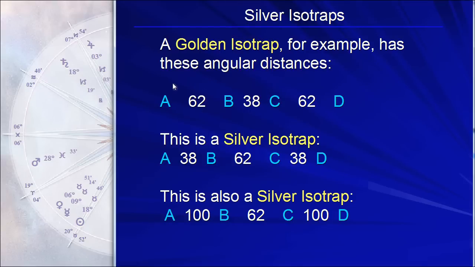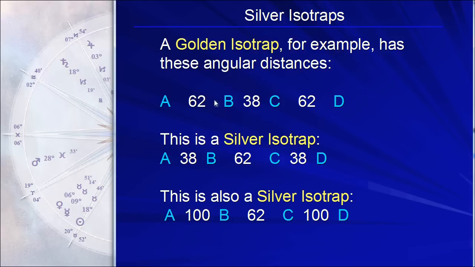So if the angle between A and C is 100 degrees, if planet B is 62 degrees from A, and therefore 38 degrees from C, or if it was over here, 38 degrees from A and 62 degrees from C, both of those points are golden mean midpoints between A and C. So there are always 2 golden mean midpoints between 2 planets.